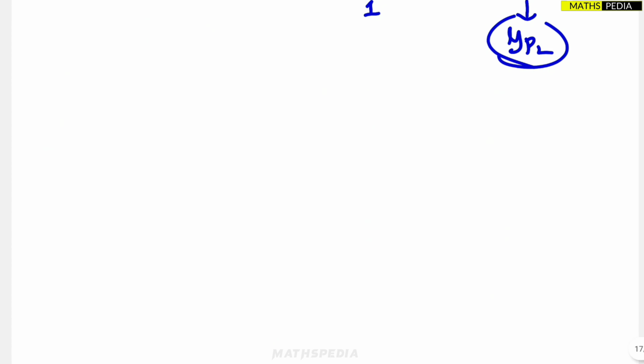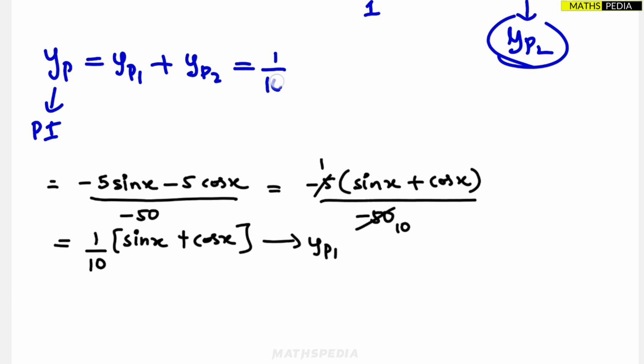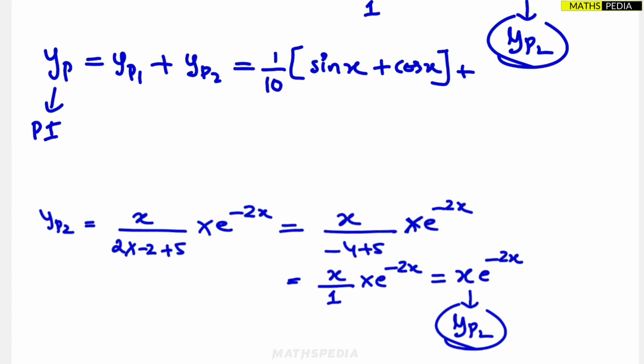So can I combine now Yp1 and Yp2 to get the Yp value? Yes, you can combine. So the answer for Yp, which is nothing but the particular integral, is equal to Yp1 plus Yp2. So the answer will be 1 by 10 into sin x plus cos x, plus this Yp2 value, which is nothing but x into e power minus 2x.